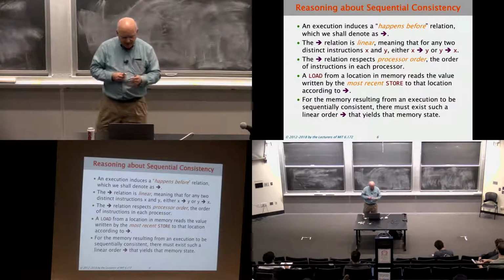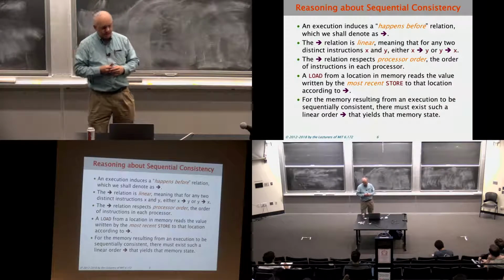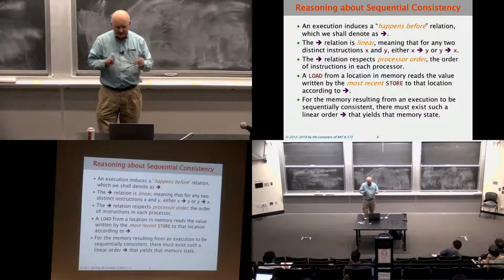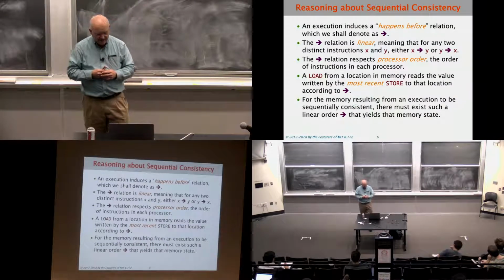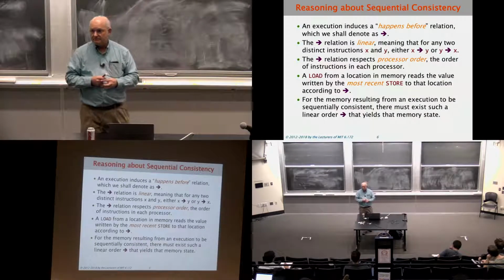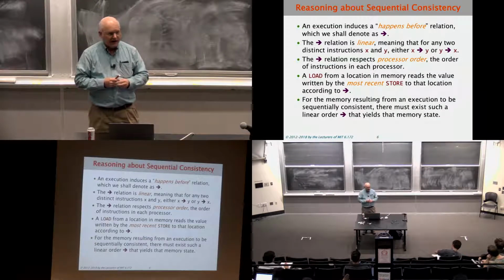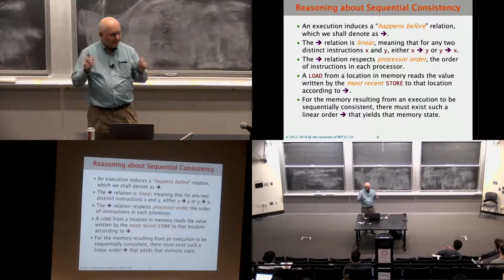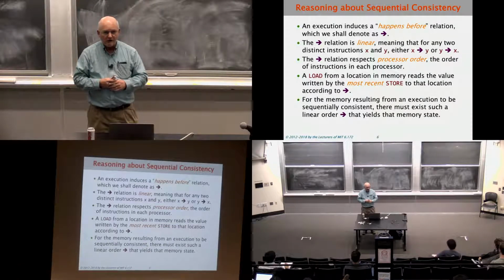And for the memory resulting from an execution to be sequentially consistent, there must be a linear order that yields that memory state. So if you're going to write code without locks, it's really important to be able to reason about what happened before what.